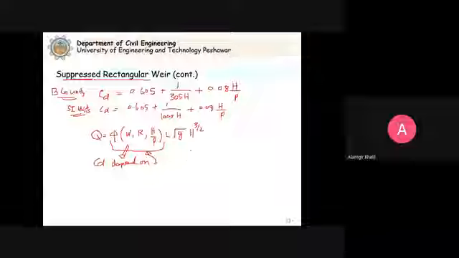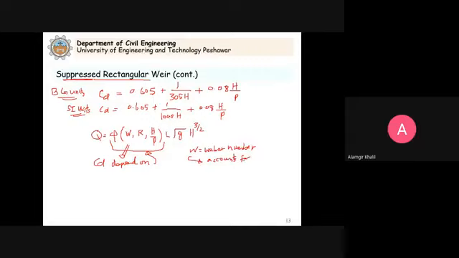Now it has been found that this W is the Weber number. We will study dimensionless numbers after the midterm. This Weber number accounts for the surface tension.